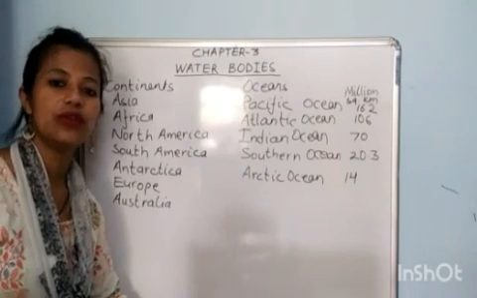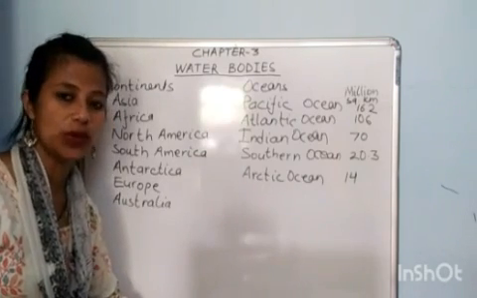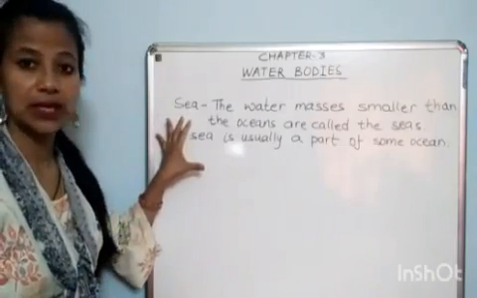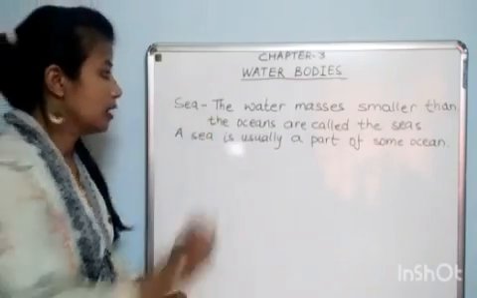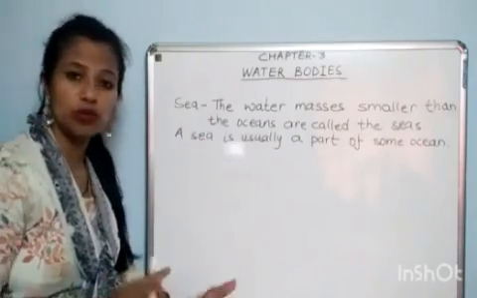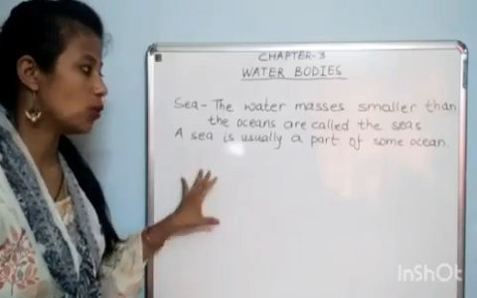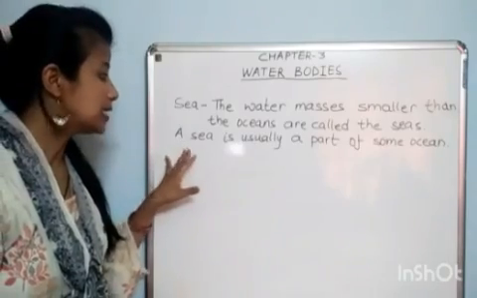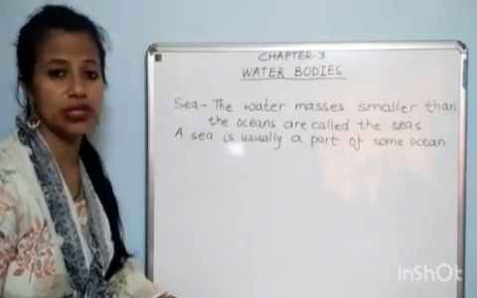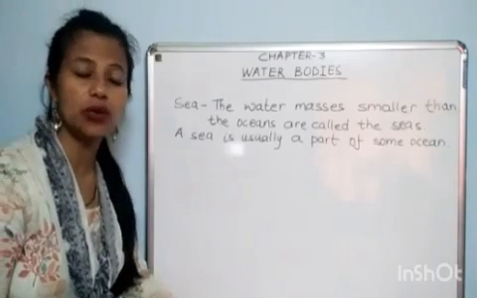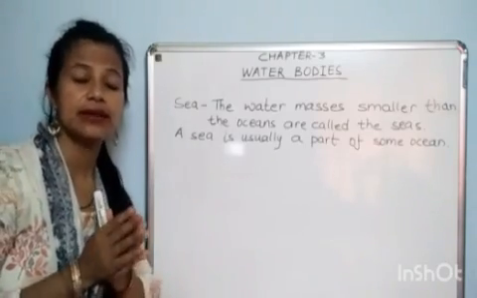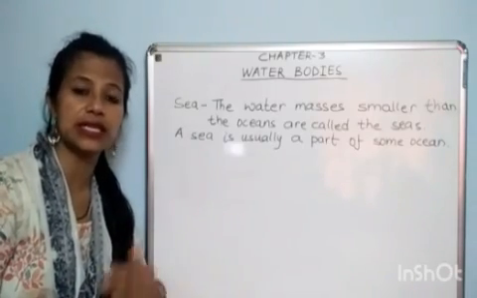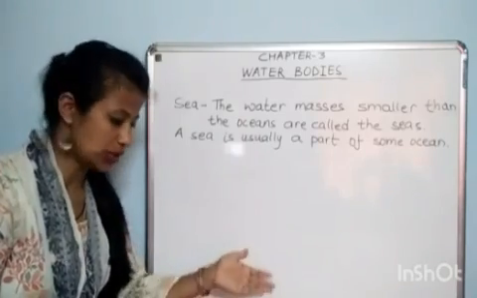Now we will understand about seas. What is a sea? The water masses smaller than the oceans are called seas. A sea is usually a part of an ocean. It is connected with an ocean. Every sea is connected with some ocean.